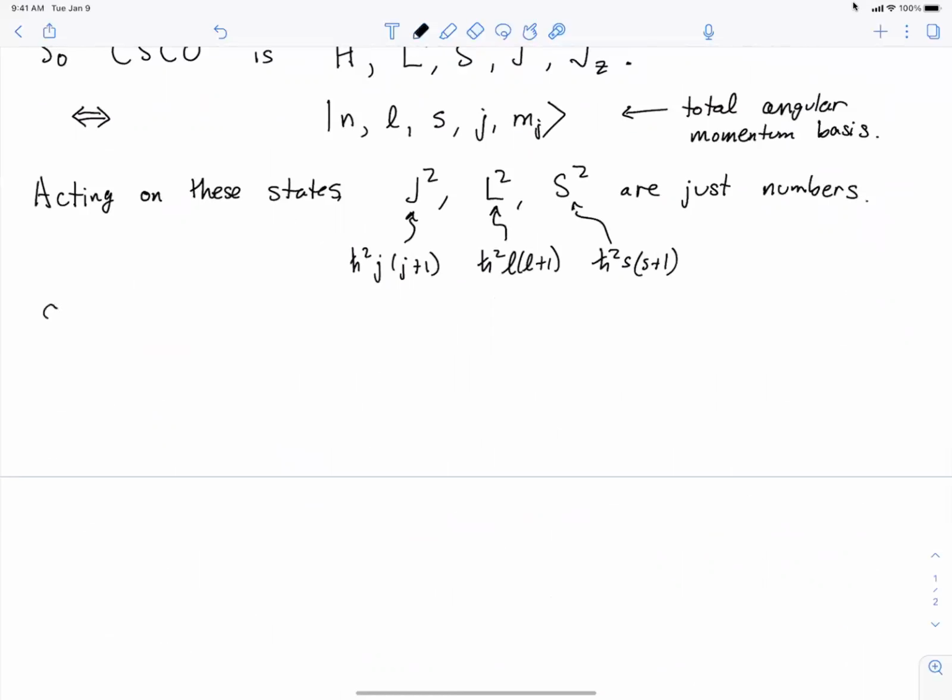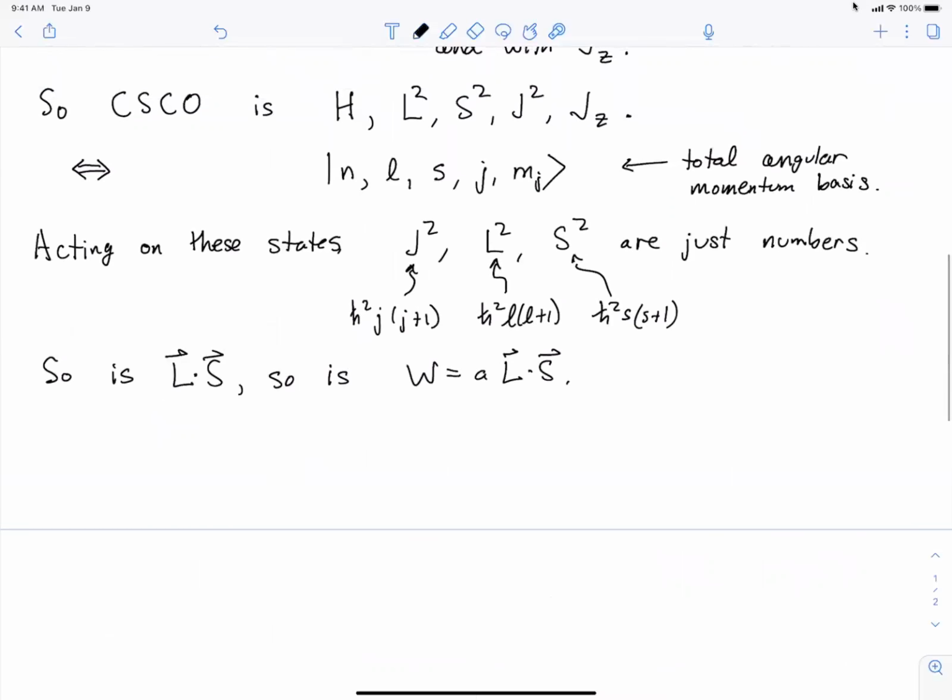And more generally, anytime L dot S is an important operator for you, it's a good idea to choose the total angular momentum basis defined by this, because in that basis, L dot S is just a number. It's a number that you can compute just by plugging in these things.